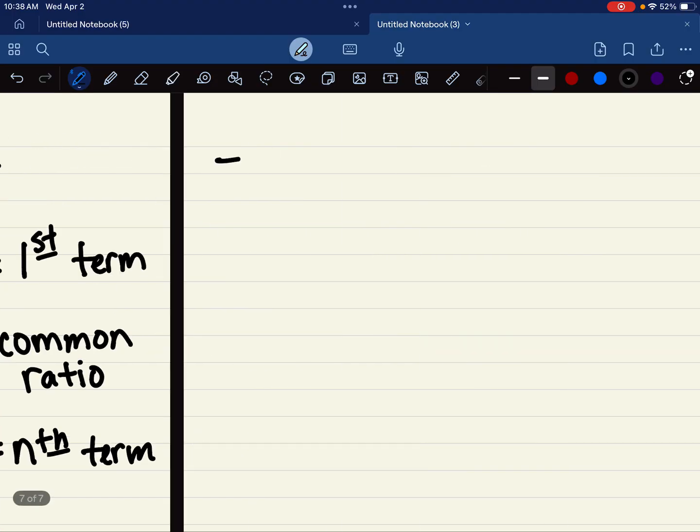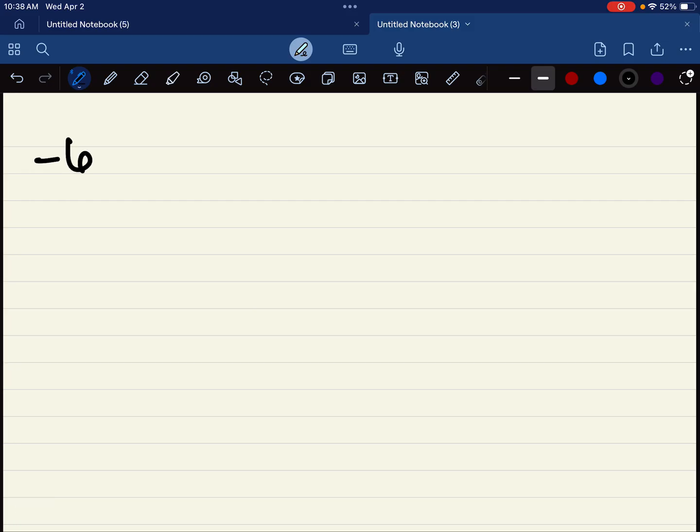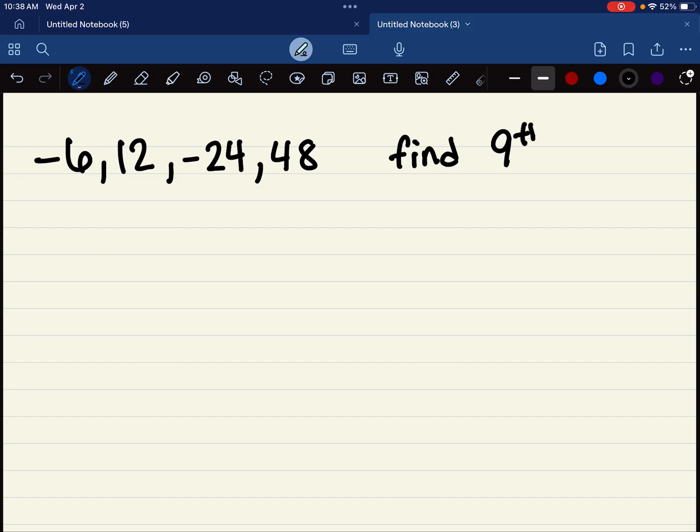I was. Okay, all right, here's our sequence: -6, 12, -24, and 48. We're going to find the 9th term. There's 3 things we need.